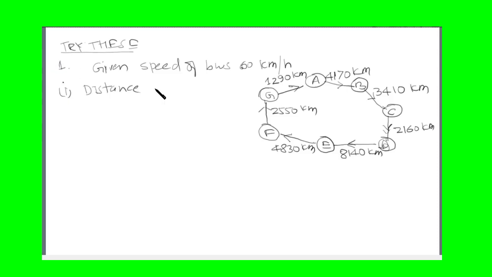Part 1, distance from A to D. So A to B is 4170 kilometer.